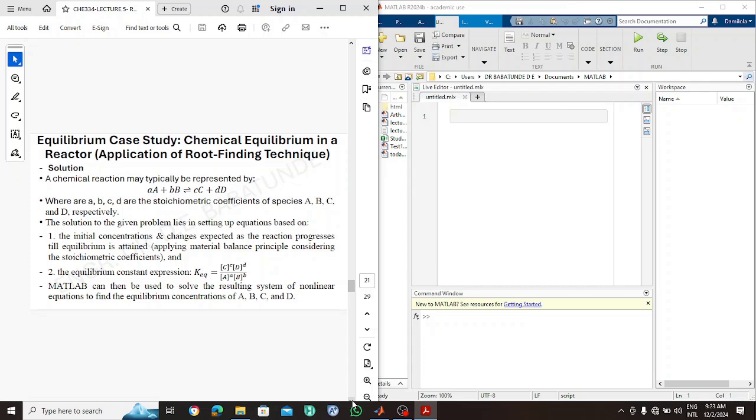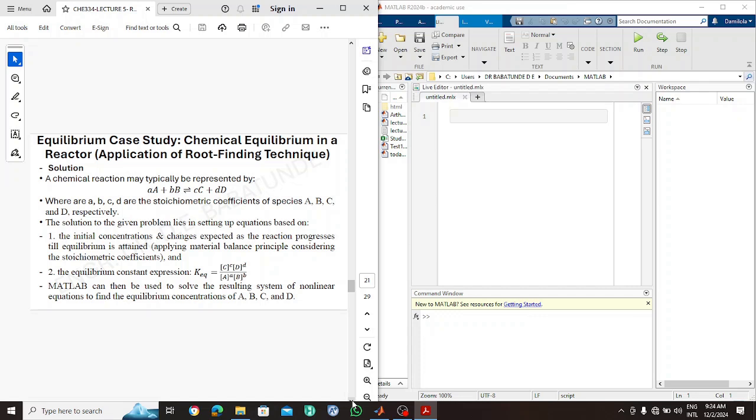So let's say we have species C and D in this instance, and like we have shown on this screen, their stoichiometric coefficient is C and D. So we raise the concentration to the power of their stoichiometric coefficient and multiply them together, then divided by the concentration of the reacting species raised to the power of their stoichiometric coefficient.